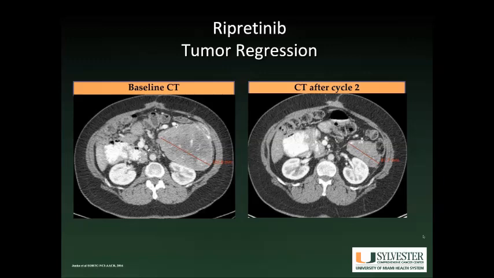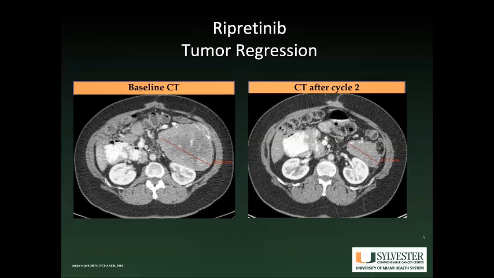And that's because Ripretinib was again designed specifically for GIST patients, specifically to target KIT and PDGF receptor, and specifically designed to bind to a different location on the receptor than where Imatinib binds or where the resistant mutations occur, in an area called the switch pocket.